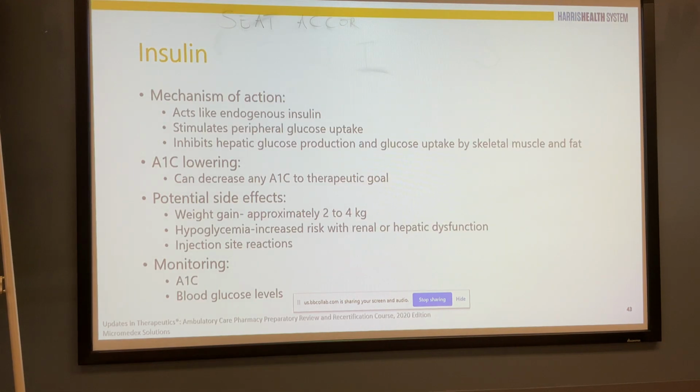So insulin works like the insulin that our bodies already produce. It helps to stimulate peripheral glucose uptake in the body and it inhibits glucose production in the liver. So the cool thing about insulin is that it can lower any A1C. My highest A1C to date in my career was 20.3%.